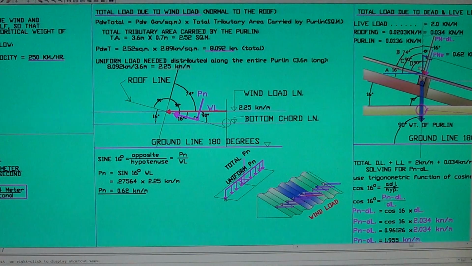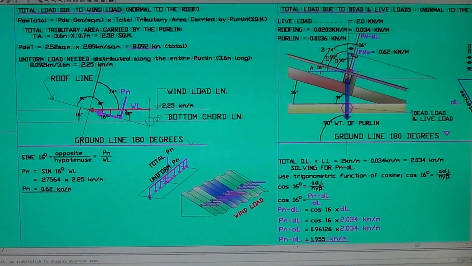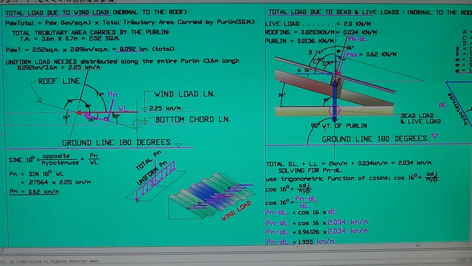The dead load is a little bit more difficult than the wind load to find the normal load. See, that's the dead load. This is gravity load going down to the ground.